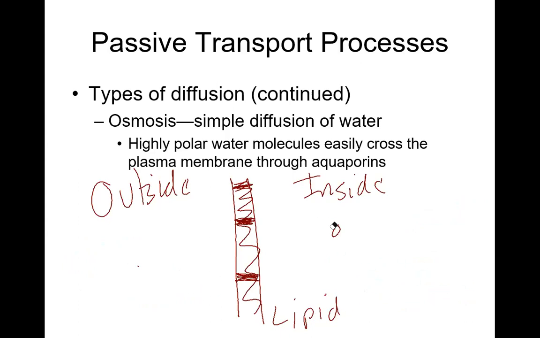Let's say the inside of the cell is 20% sodium chloride, which means it's 80% water.